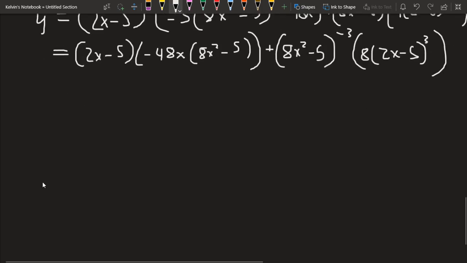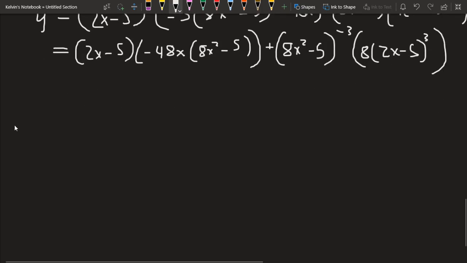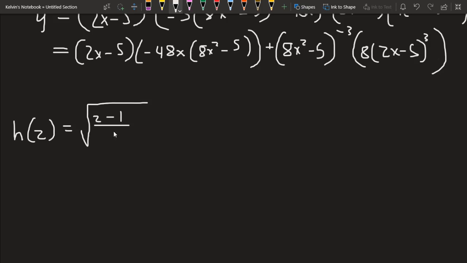So for our next problem here, let's say we're given h of z is equal to the square root of (z minus 1) over (z plus 1). Take a moment or two to figure this out, and when you're done, come back to the video.